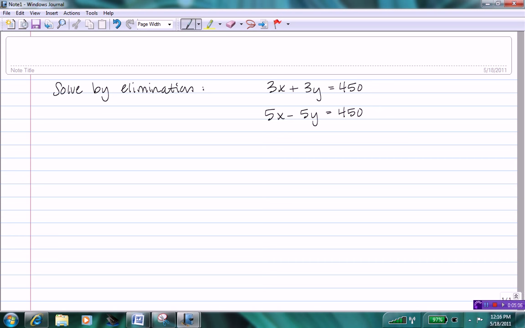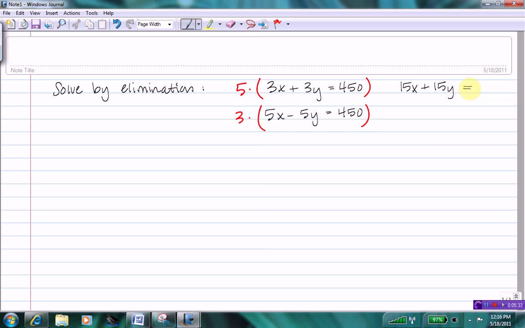I'm going to go ahead and multiply the first equation by 5 all the way through, and I'm going to multiply the second equation by 3 all the way through. And I'm going to do that in order for me to be able to eliminate the y variable. So if I multiply the first equation by 5, I get 15x plus 15y.